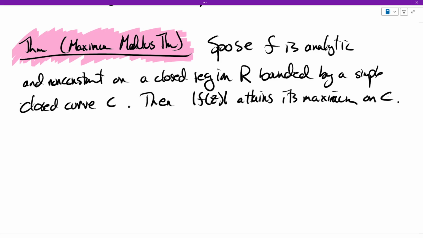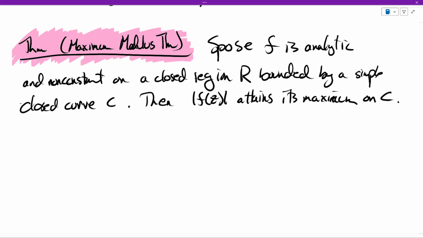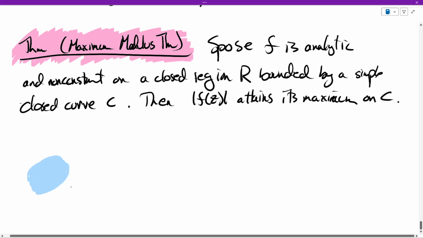All right, so the maximum modulus theorem says that, suppose, for example, your region was a disk. Here's my disk, and C is the boundary curve for that disk.